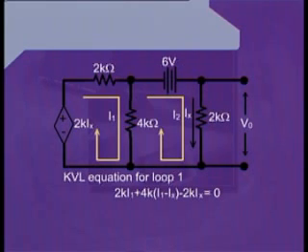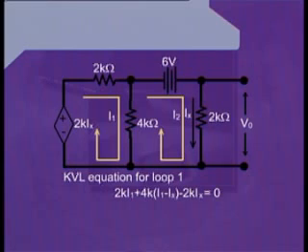However, both these currents are flowing in opposite directions as compared to each other. Therefore, once again, we must take the difference of these two currents so that we are dealing with the net current passing through the 4 kilo ohm resistance. Hence, for the second term, we will write 4K into I1 minus I2.